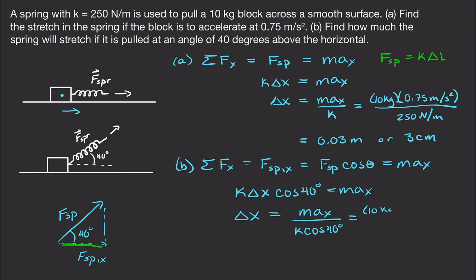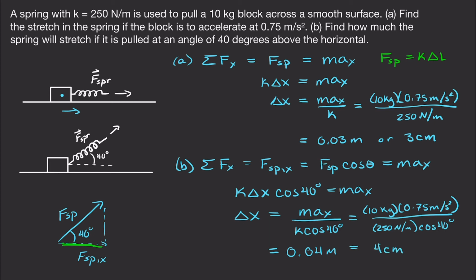So we're going to get the same thing, 10 kilograms, 0.75 meters per second squared, over 250 newtons per meter and cosine of 40 degrees. And if we plug that in, now it's going to stretch 0.04 meters, or 4 centimeters.